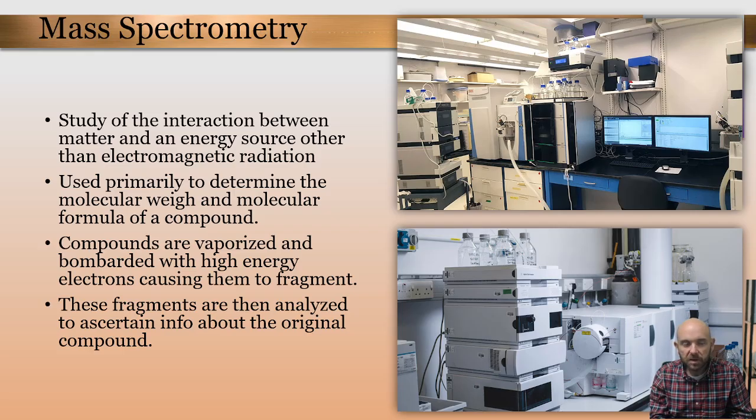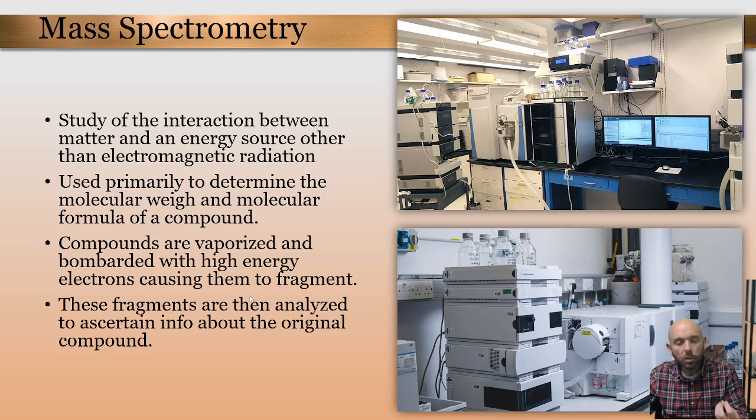But I've got some images of some mass spectrometers here behind me. You can see very often you find them in labs connected with liquid chromatography instruments, and that's what this instrument here is. But right behind me here, this would be the mass spectrometer, and I have a blown up view of it on the next page, and we'll talk about how it works.